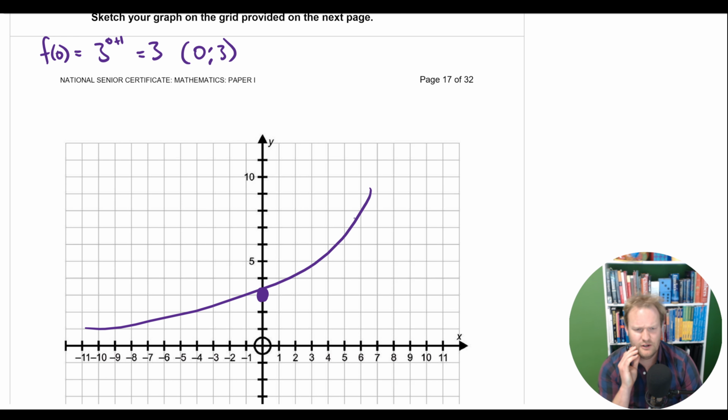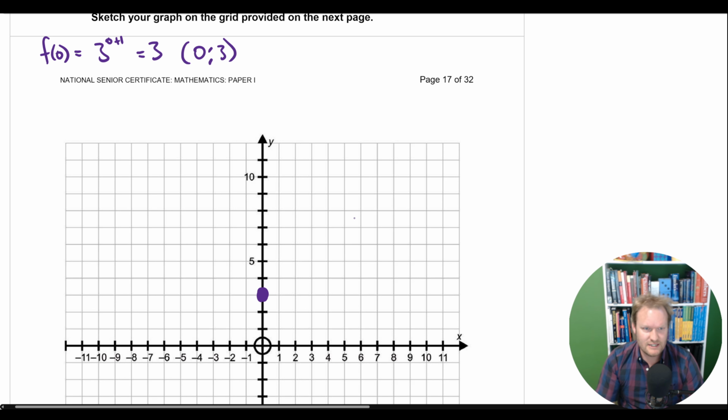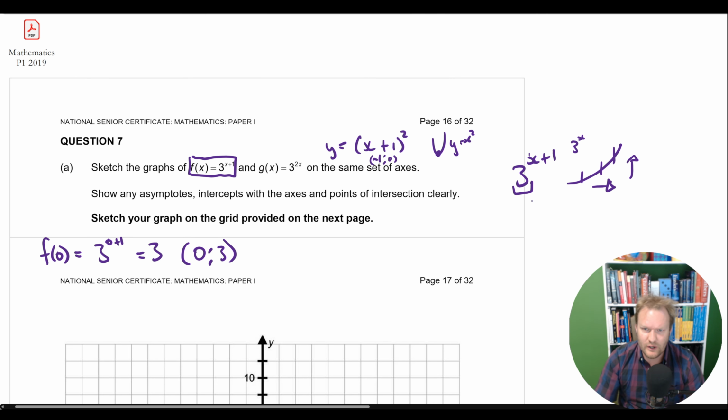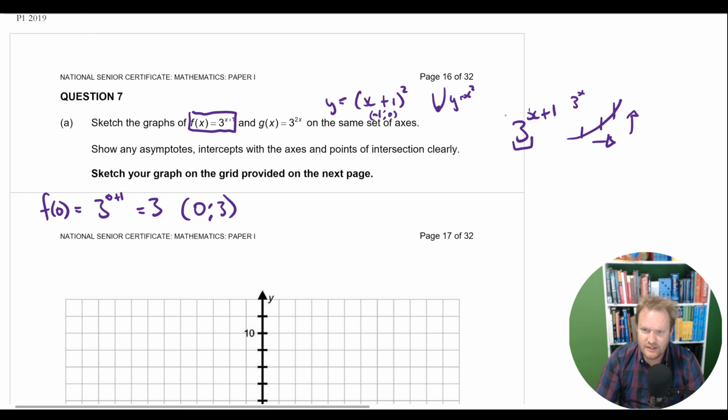But now another question is the asymptote. There must be a horizontal asymptote because it's an exponential function. Now, the graph of y equals 3 to the x is a nice starting point, because I know what it looks like. It increases and it has an asymptote at y equals 0.